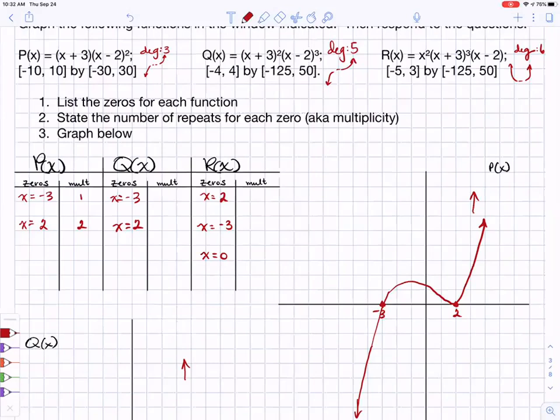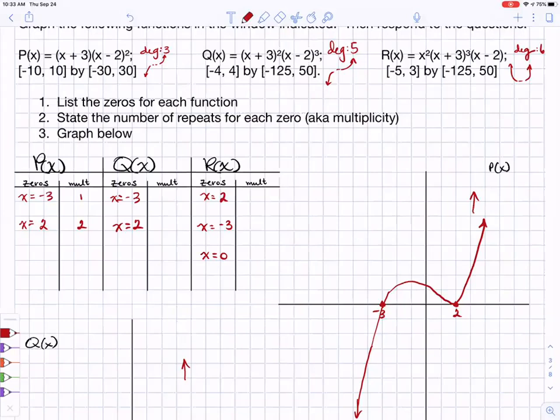Your window should have been -4 to 4 and -125 to 50. So I changed the scale. So I'm not sure if you have the right graph with the wrong window or if it's just the wrong graph. Yeah, that looks better. Yep.